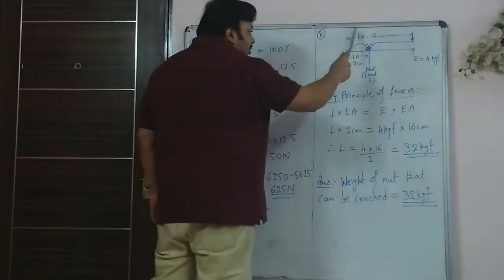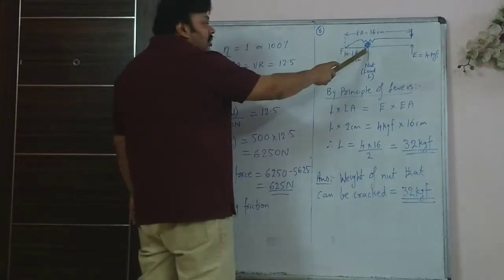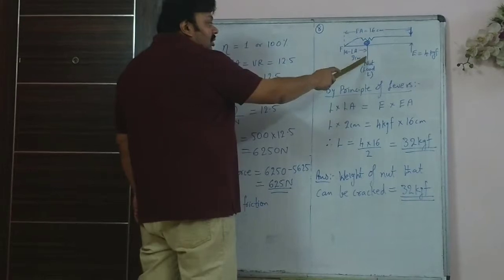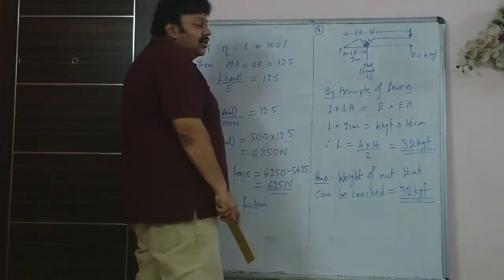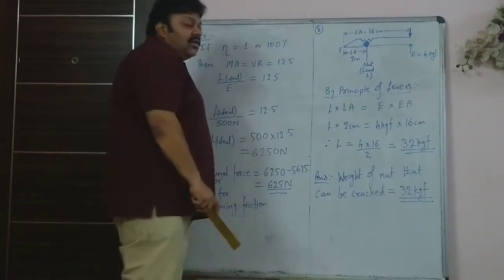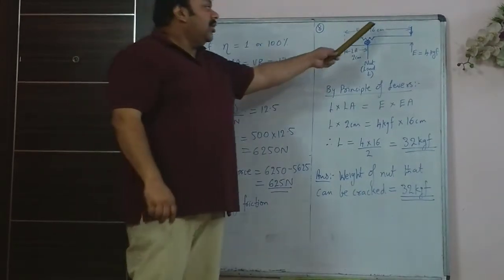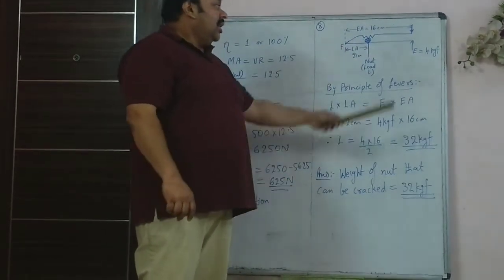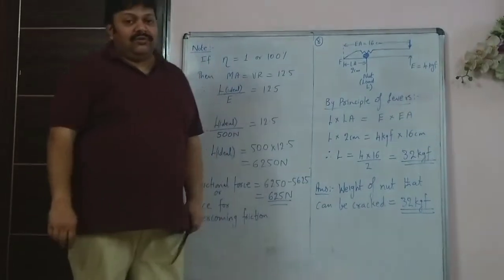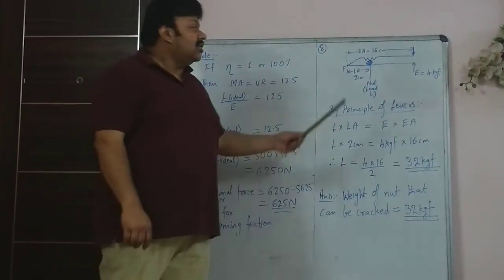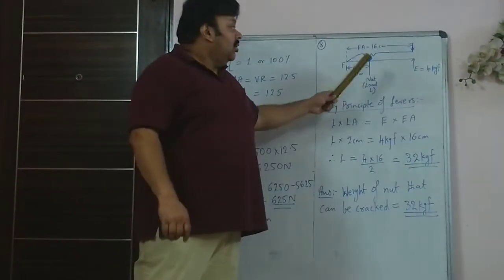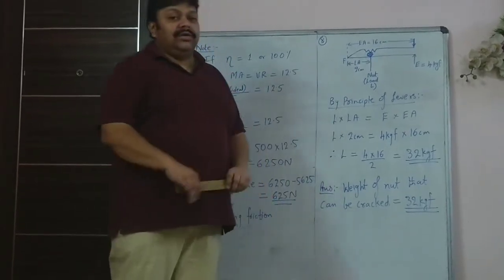So effort arm is 16 centimeter and load arm, the nut being the load, is 2 centimeter from the hinge or the fulcrum. The effort applied is 4 kgf. In that case, what is the maximum load that can be cracked?